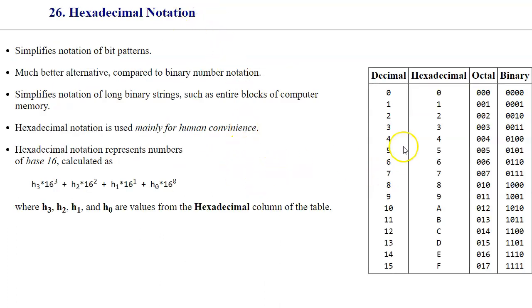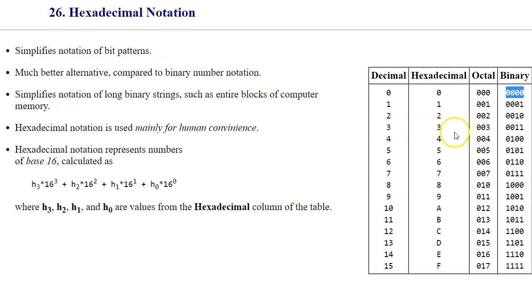Hexadecimal notation, which is presented in this table, simplifies the notation of bits. You can see that even 4-bit binary values are quite difficult to deal with. It's hard to spot specific patterns. They all look alike in this entire column. So to simplify notation of large bit patterns, we use hexadecimal numbers.